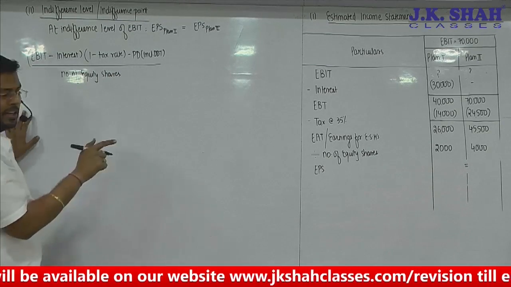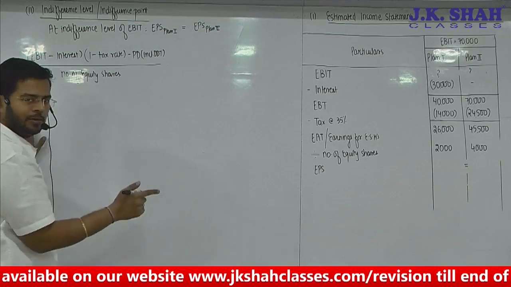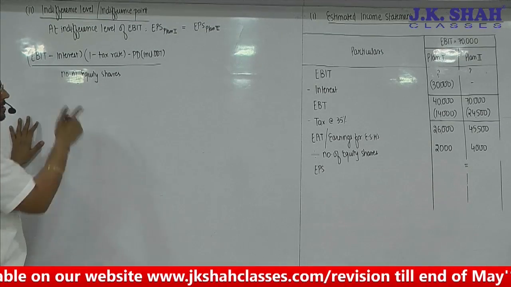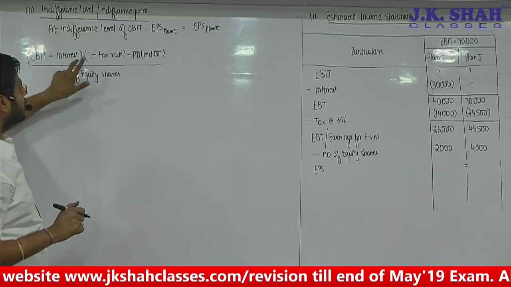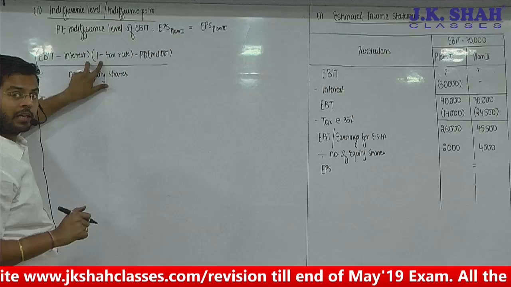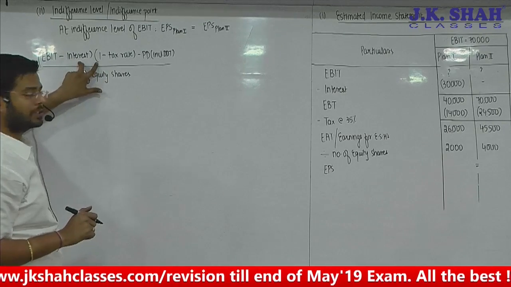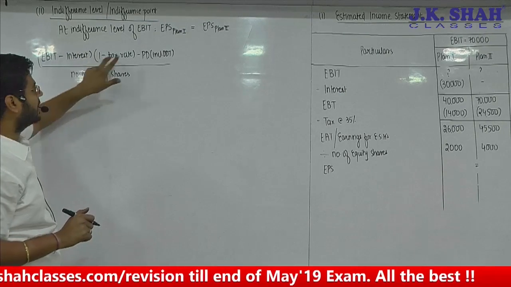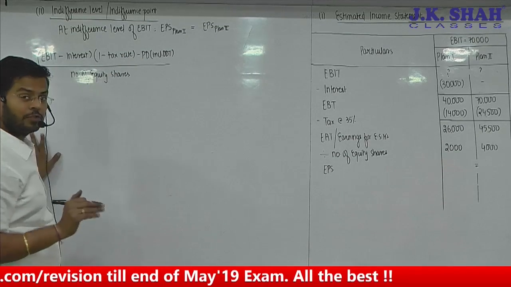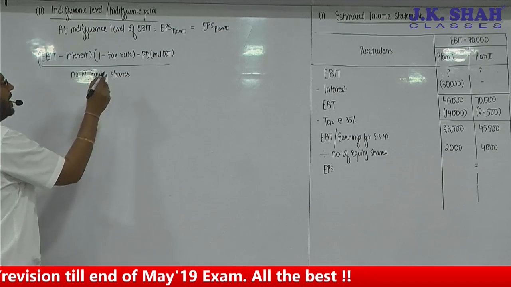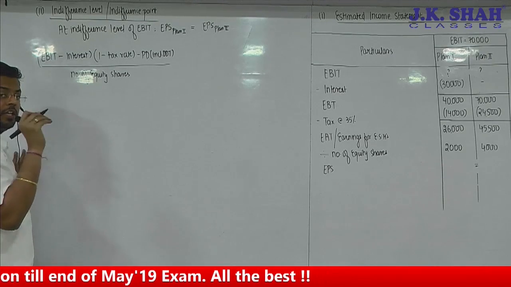So the same thing that we drew as an income statement, if I make it by way of equation, would look like this: EBIT minus interest into 1 minus tax rate. We are converting pre-tax profit to post-tax by multiplying it with 1 minus tax rate. If there's any preference dividend, we subtract that. The residual profit is now for your equity shareholders, divided by the number of equity shares, and it will give you the earnings per share.